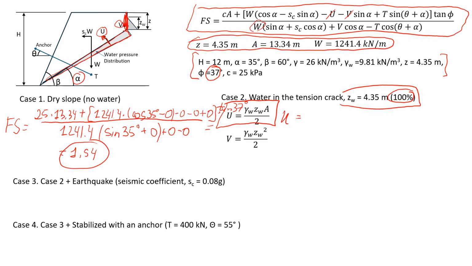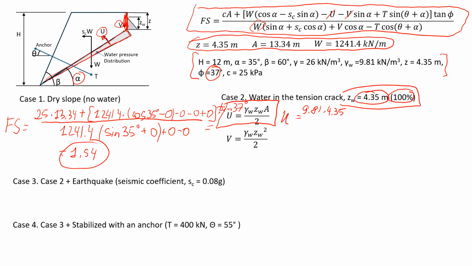So it is calculated by unit weight of water 9.81 times the thickness of the depth of water in the tension crack, which is the same as the length of the tension crack, 4.35.